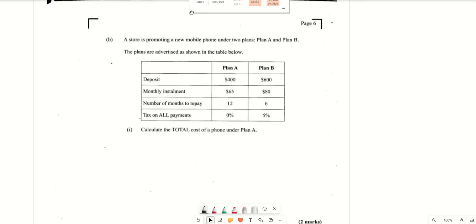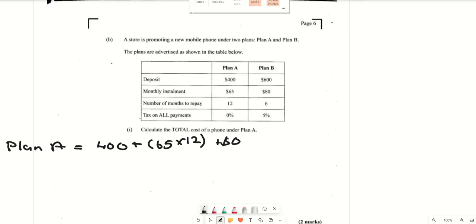So for Plan A, this will be your deposit of 400 plus 65 multiplied by the number of months you have to pay, which is 12, close bracket, and then you have to add $0, which is the taxes paid.